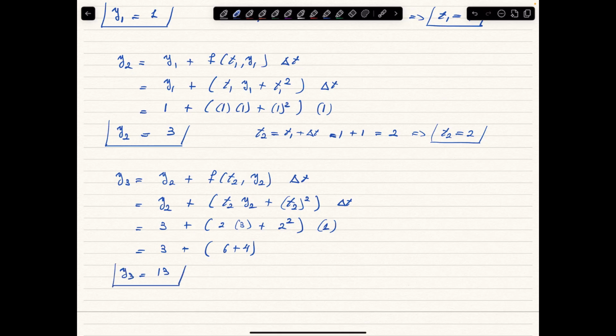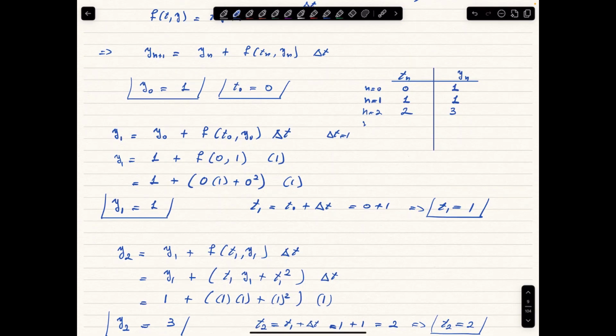And this is how more or less we build the iteration, and then we have t3, which is of course t2 plus delta t, which is 2 plus 1, which is of course 3. So t3 is equal to 3. And we are going to finish here. In our little table, we put here that n equal 3.